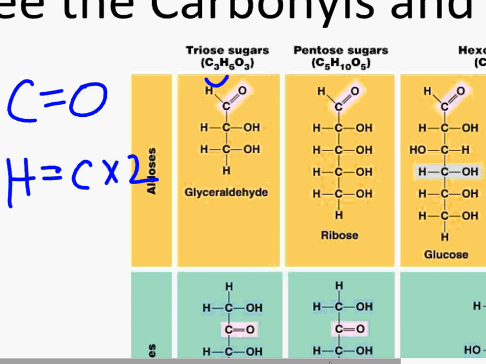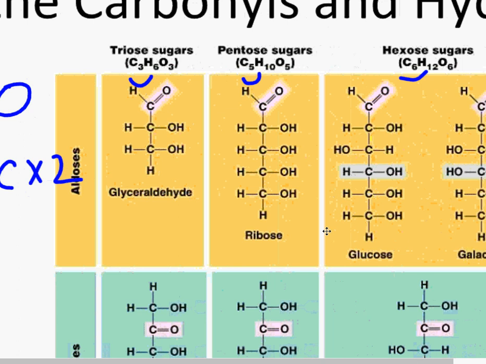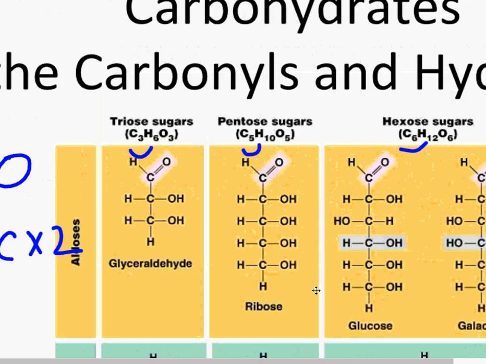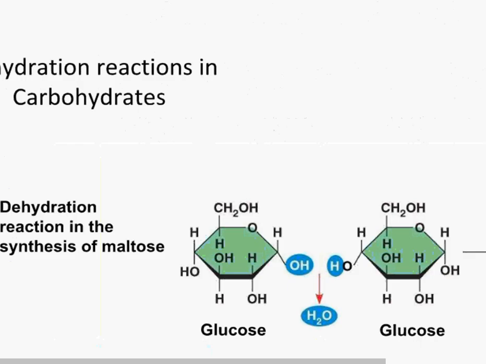All right, and here. And then with glucose, of course, same kind of thing. And so they're easy to recognize. They have the carbonyl groups, which is the double bonded oxygen, and the hydroxyl groups, which are here. Pretty easy to recognize.